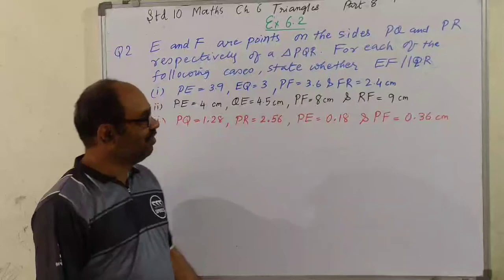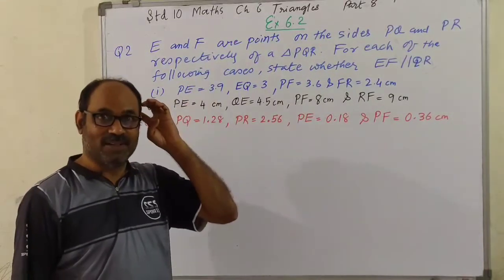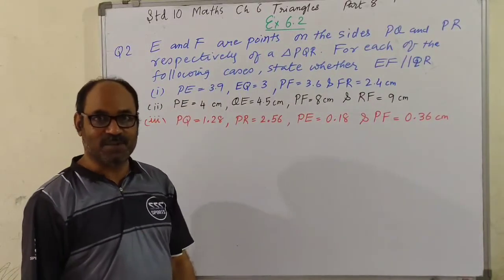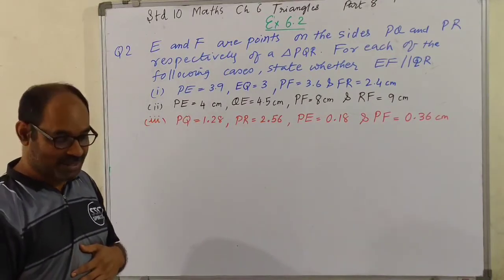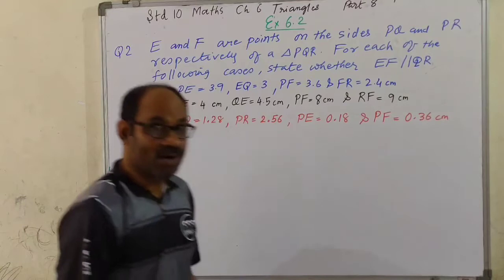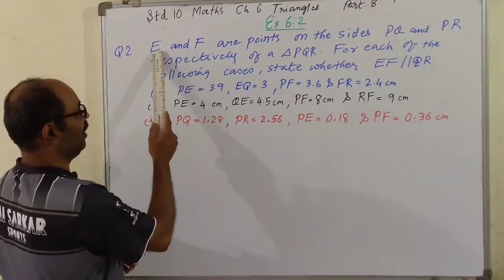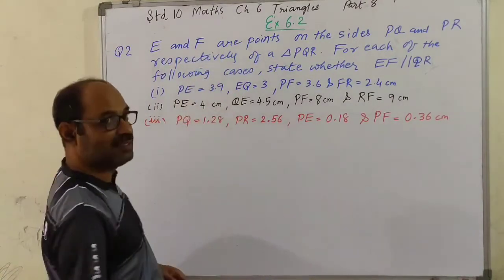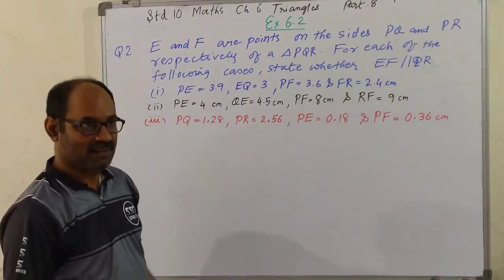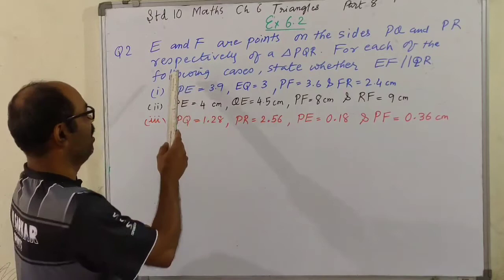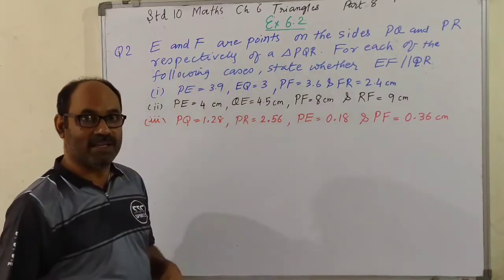Sure. We proceed further in exercise 6.2, question number 2. Let's read and see what we have to do here. E and F are points on the sides PQ and PR respectively of triangle PQR.